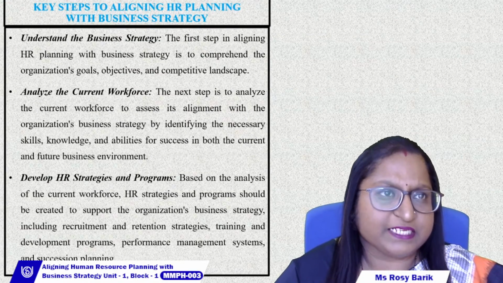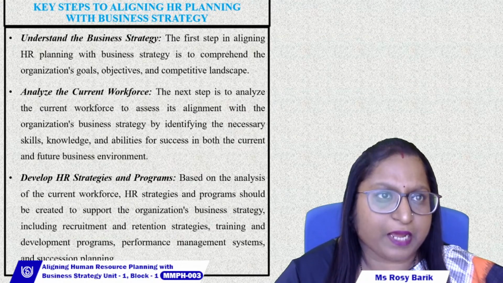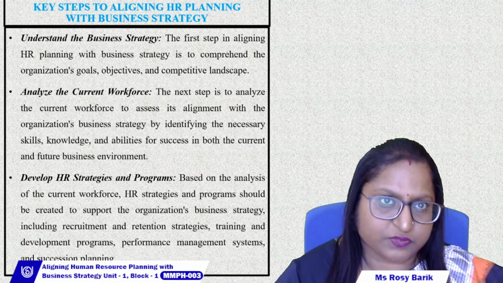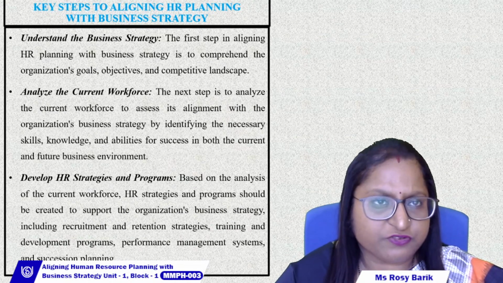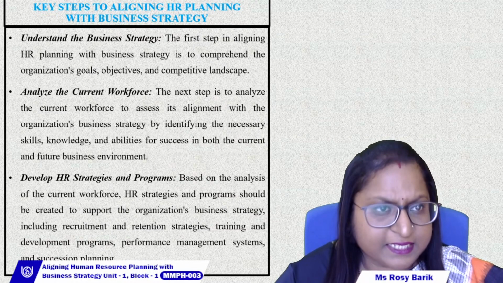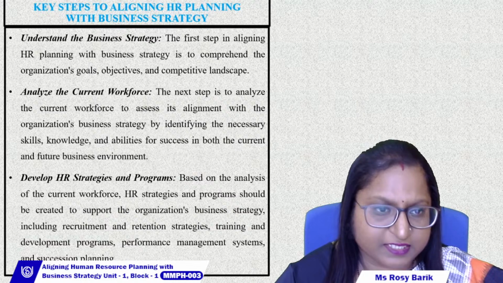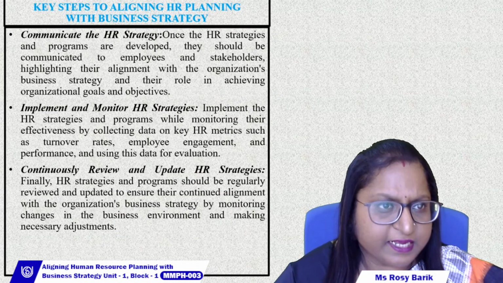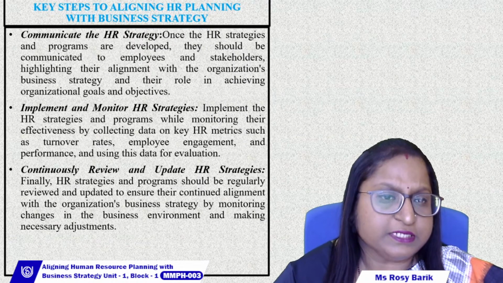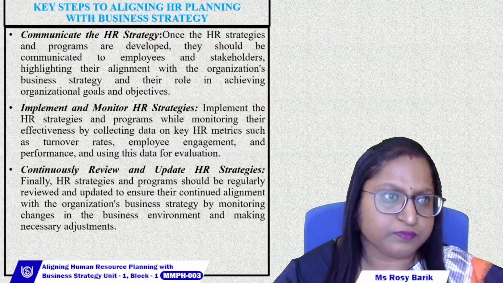So here we'll be discussing the key steps to aligning HR planning with business strategies. What are the key steps? The first step is to understand the business strategy, then analyze the current workforce, then develop the HR strategies and programs, communicate the HR strategies, implement and monitor the HR strategies, and continuously review and update the HR strategies.